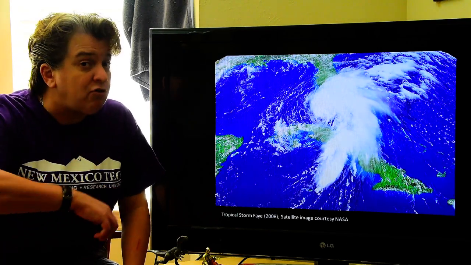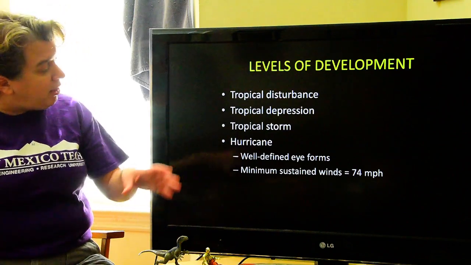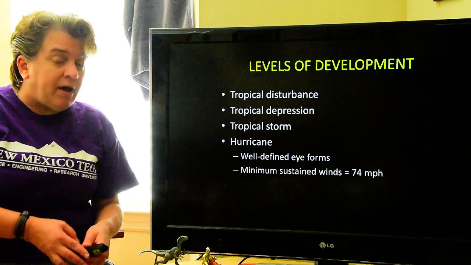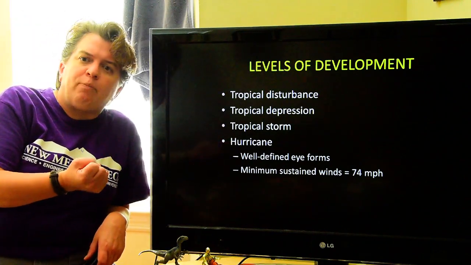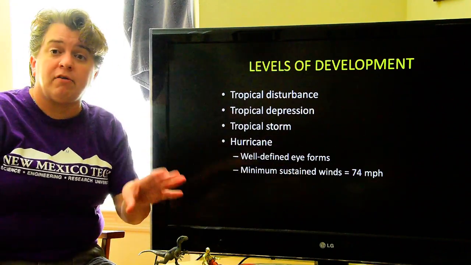Now, if conditions are favorable, that tropical storm will continue to develop and become a hurricane. And when you have a hurricane, you get a well-defined eye. That's where that low pressure center is. And our minimum sustained winds are 74 miles an hour.